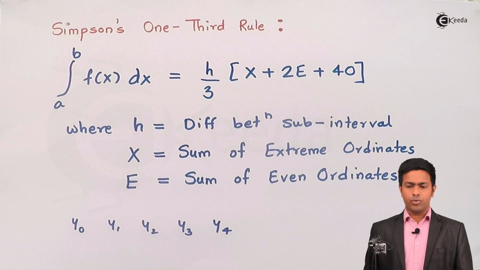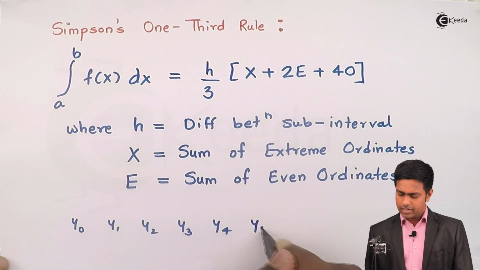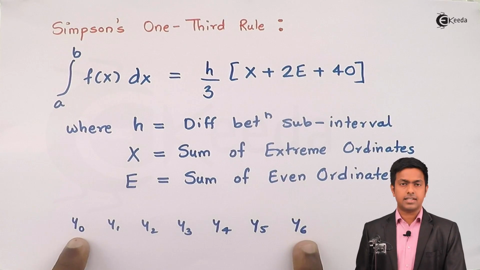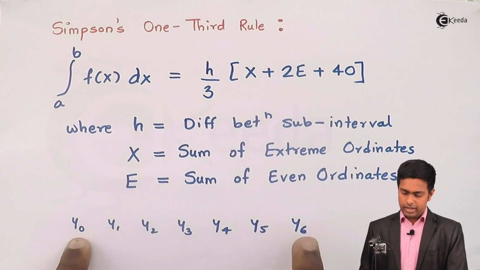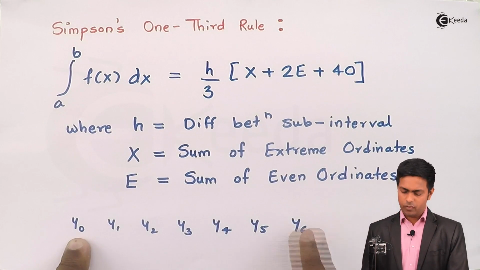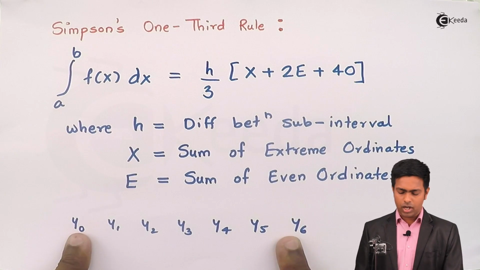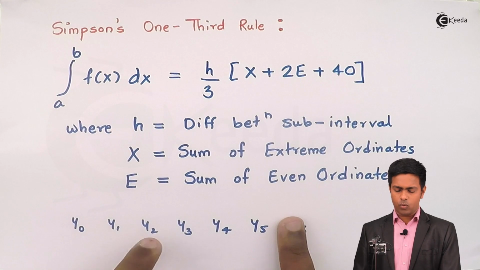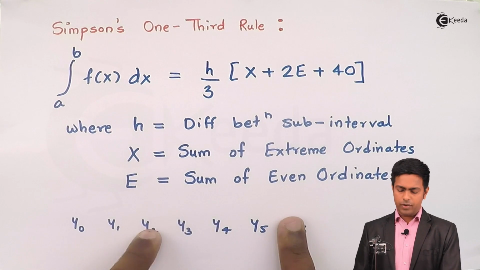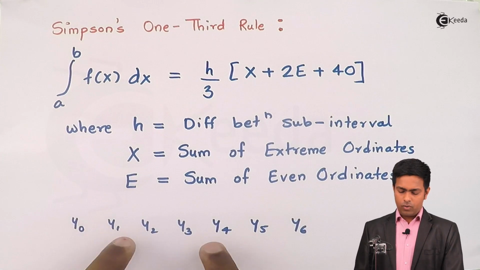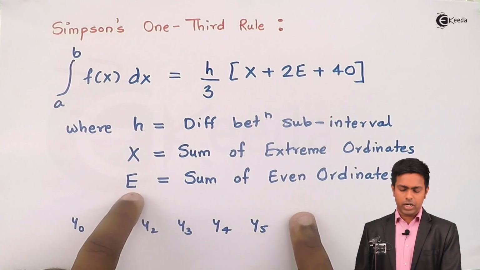We have to take the sum of the even ordinates. Let's take an example: say I have these many values. y0 and y6 are covered in the sum of extreme ordinates. So in the sum of even ordinates we take the remaining even terms, which are y2 and y4. I add y2 and y4 and put it in the sum of even ordinates, and whatever value we get will be called E.